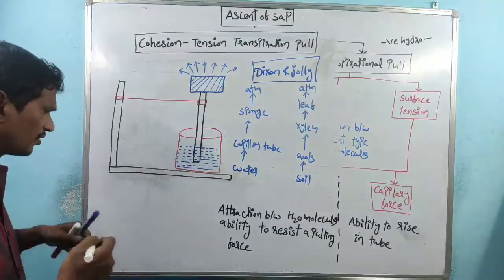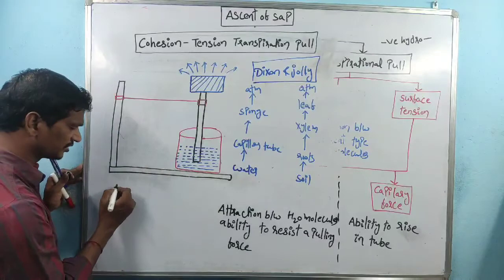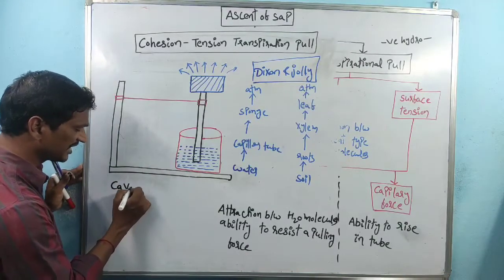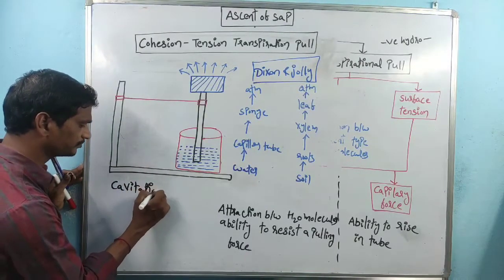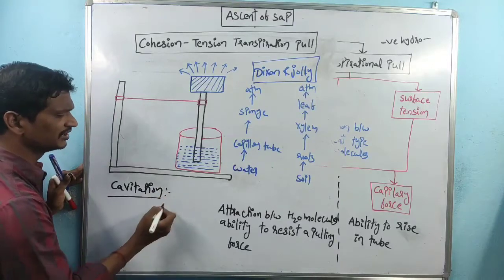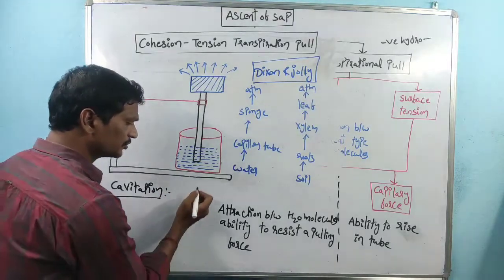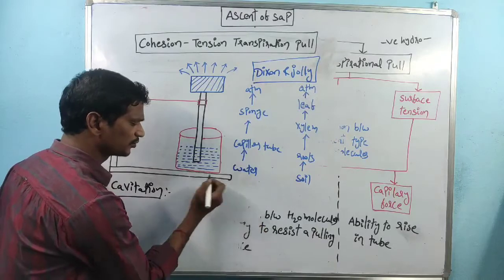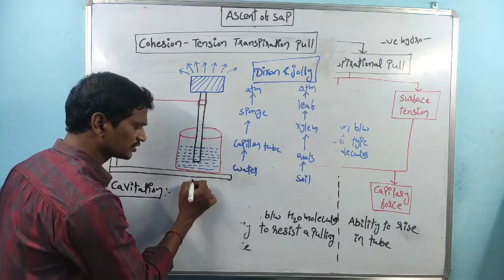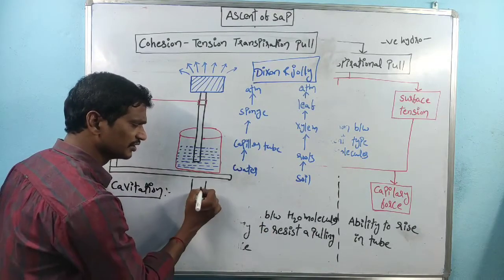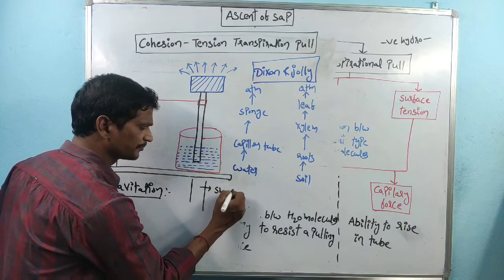Two important words are there within this concept. One is cavitation. Cavitation is when, during water transport within the xylem vessels, small bubbles are formed.